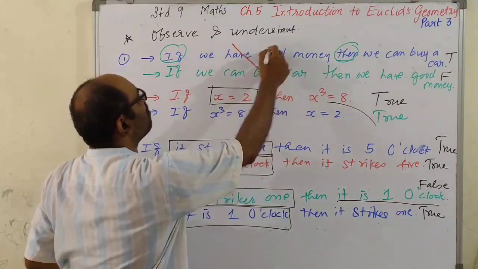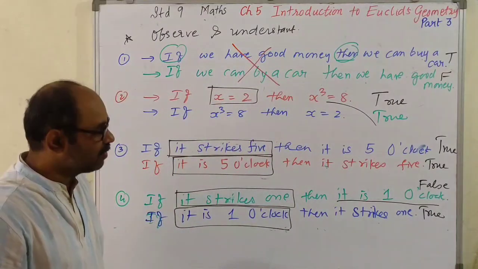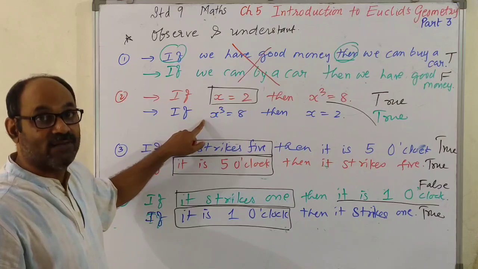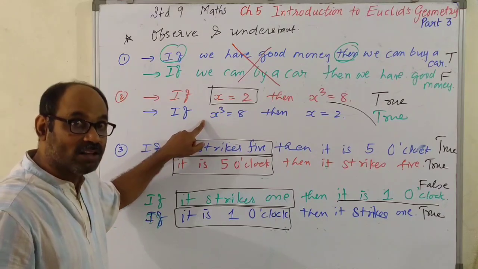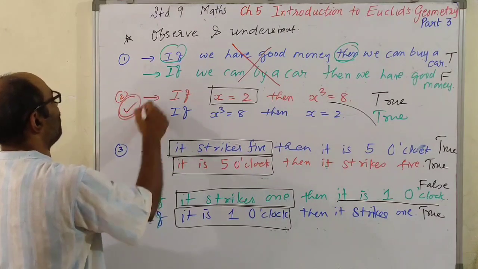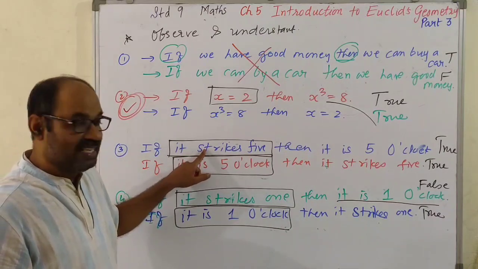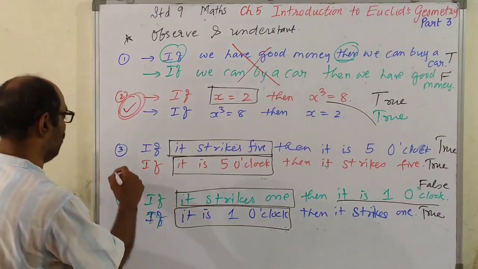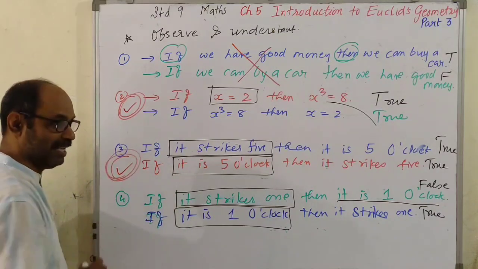So forget about this pair of statements. Conditional statement is true, its converse is also true. Both are true. We are going to do something about this. Let's observe something about this.